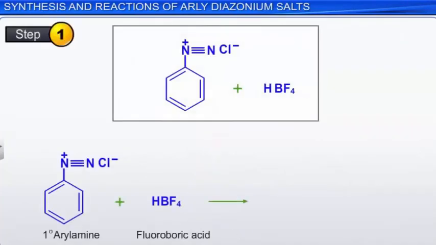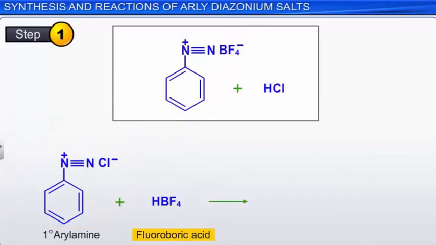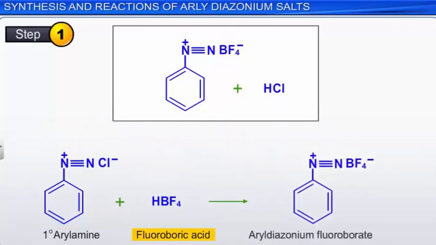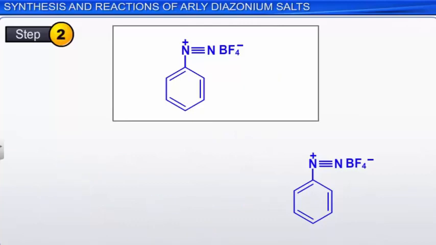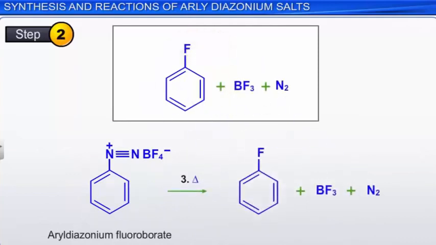In the first step, a primary aryl diazonium salt is treated with fluoroboric acid to make an aryl diazonium fluoroborate, which precipitates. Next, the dry diazonium fluoroborate is heated until it decomposes, releasing an aryl fluoride.